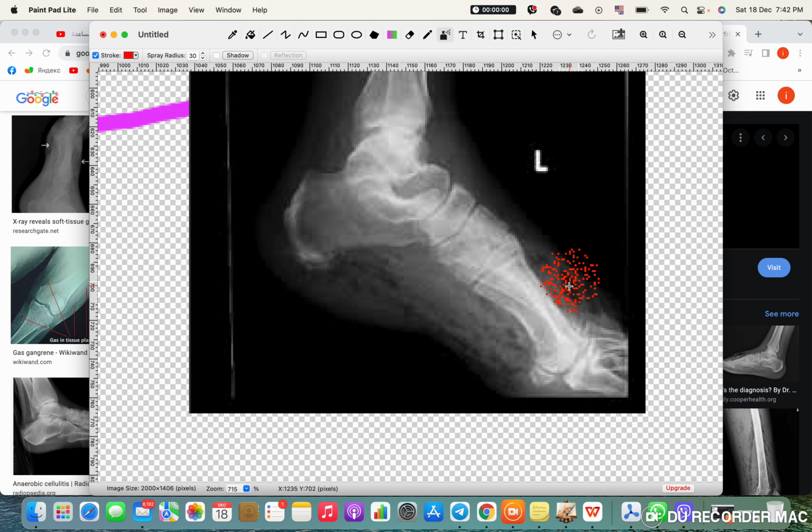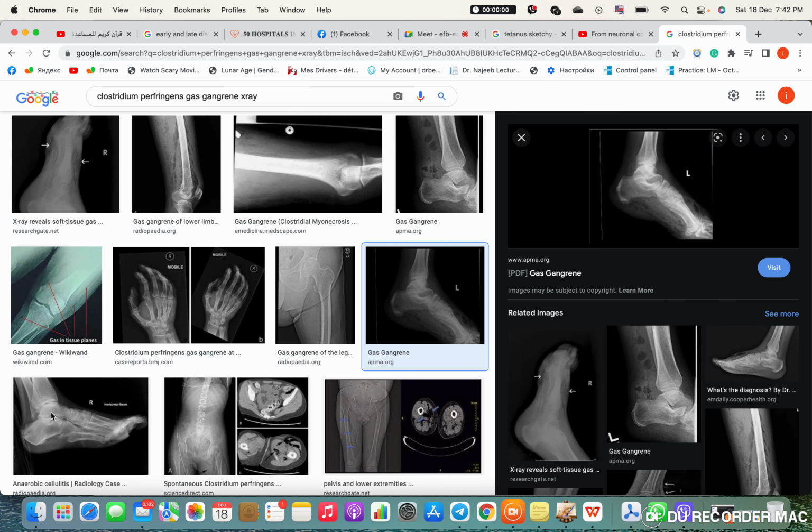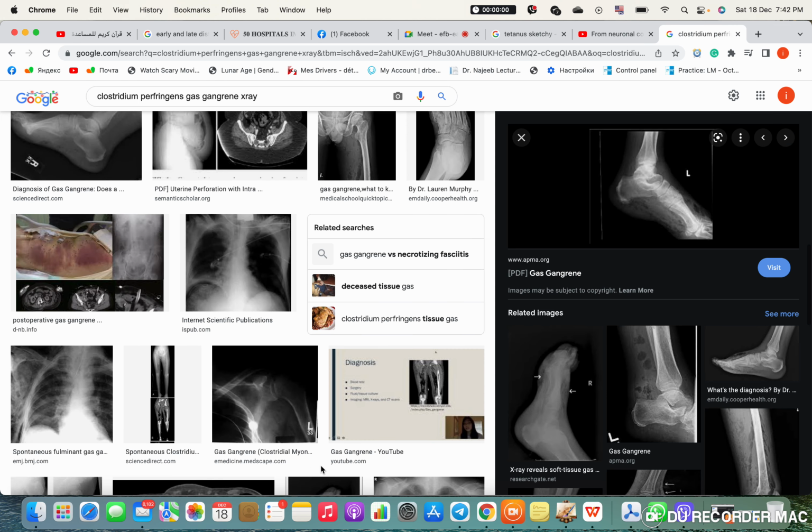There is an area here, and areas here, here, here. All of these areas are full of empty spaces with air, yeah? So when you see these areas, yeah, here and here, these areas are gas gangrene, which is bacteria basically producing gas.